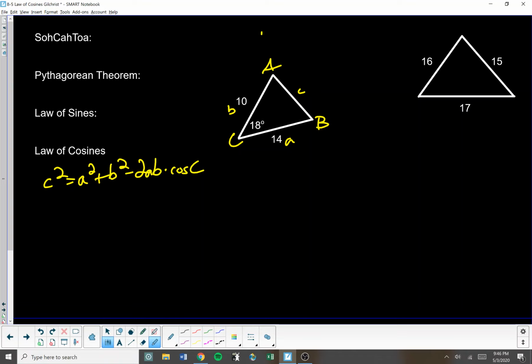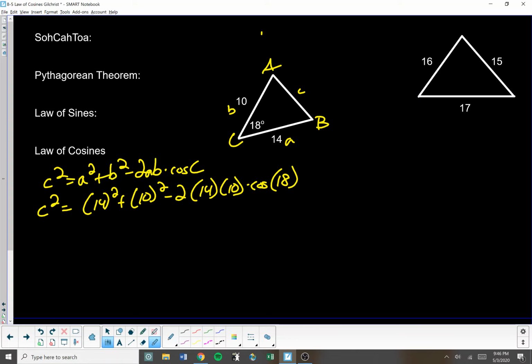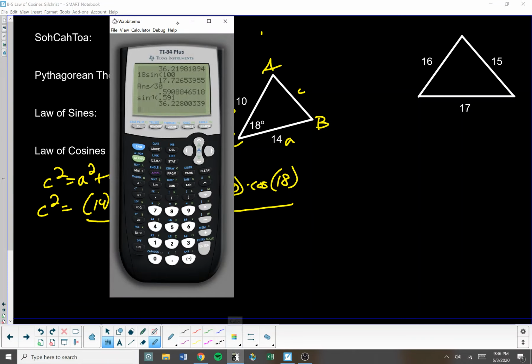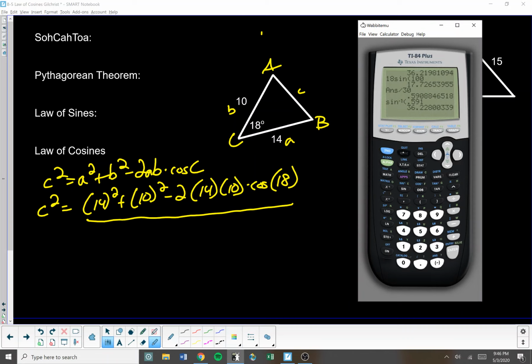C squared equals A squared plus B squared minus 2 times A times B times the cosine of C, and I know what C is, it's 18 degrees. Well, all of this can just be calculated. I'm going to again check to make sure that I'm in degrees, not radians.